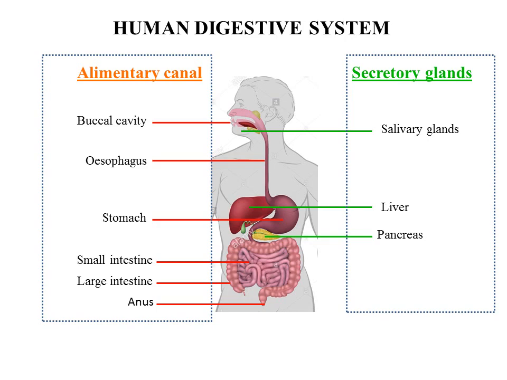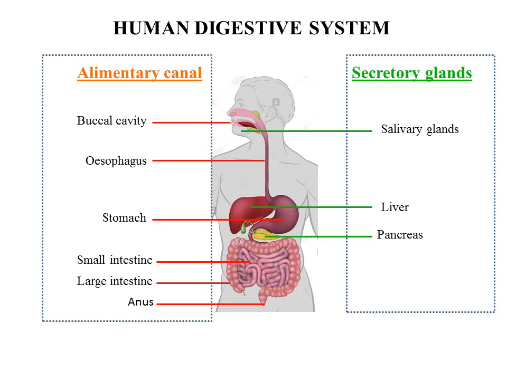Next comes the secretory glands. Secretory means the things which secrete something. Glands are structures found in our body which secrete or release something. In the human digestive system, there are mainly 3 secretory glands. First, the salivary glands.